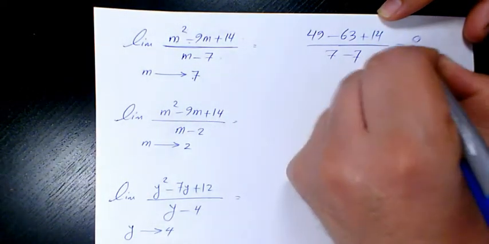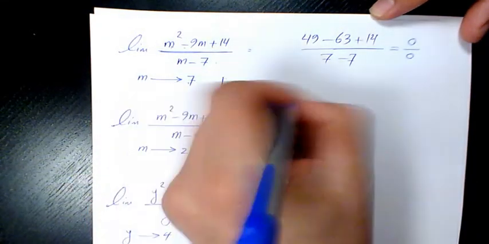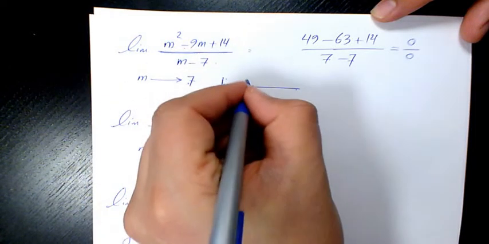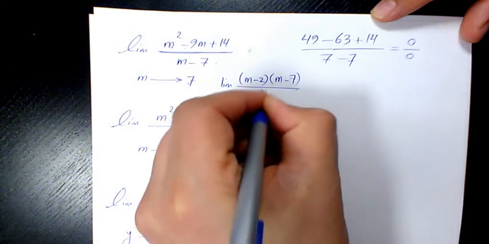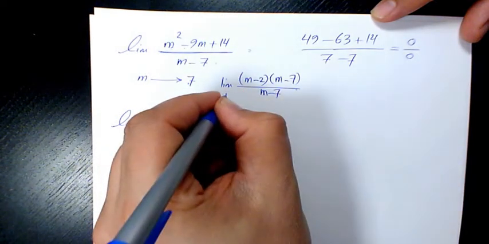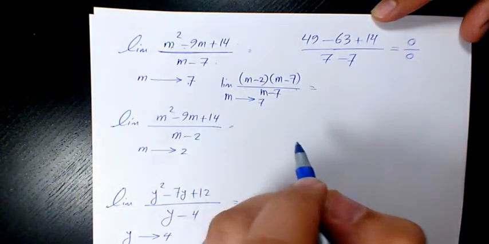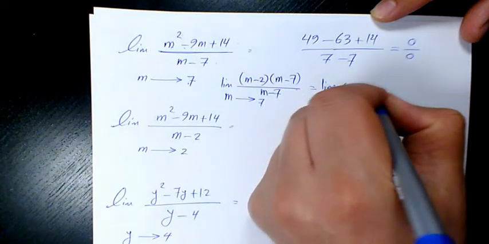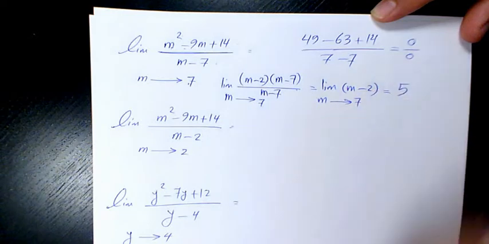That's going to make it 0 over 0. Then you factor that. That's going to be m minus 2 times m minus 7 over m minus 7 when m approaches 7. M minus 7 and m minus 7 cancel out, and that's going to be the limit of m minus 2 when m approaches 7. 7 minus 2 is going to be 5.